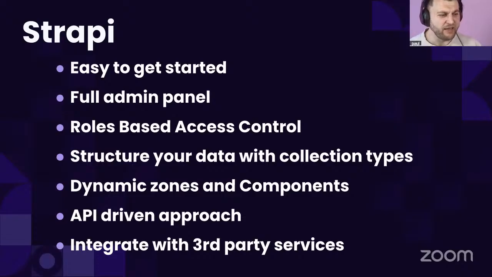It's API driven. We also support GraphQL. And as you saw with different plugins, you could integrate it with any third-party service. So today we saw really good examples of different APIs using LLMs. You could actually create plugins that use those APIs directly in Strapi.